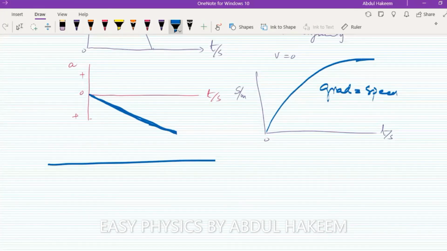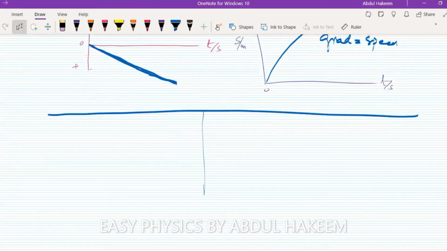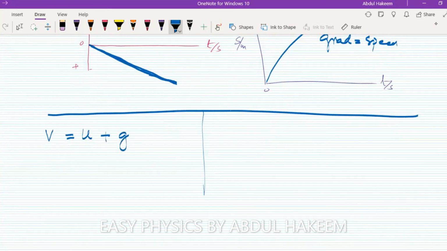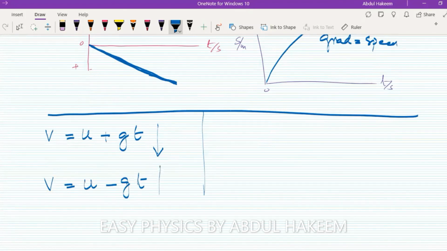Now, if the object is falling or rising, the equations are v = u + gt for the downward motion, and for the upward motion, v = u - gt.